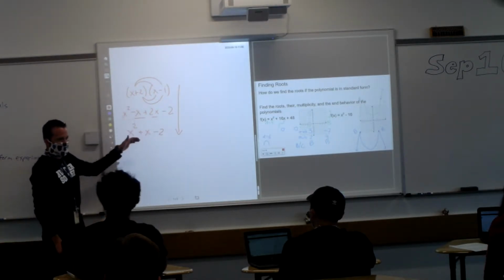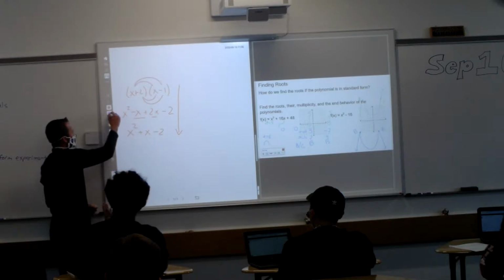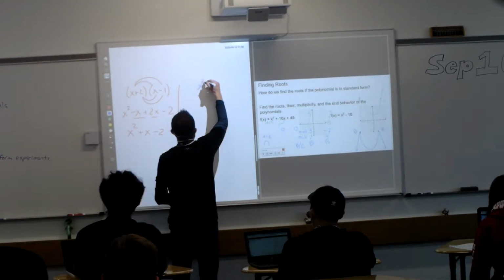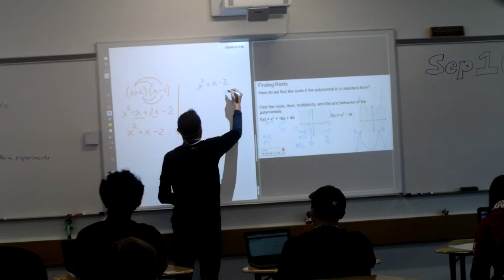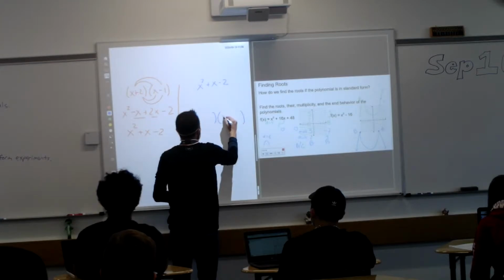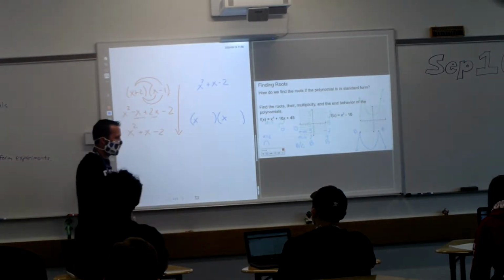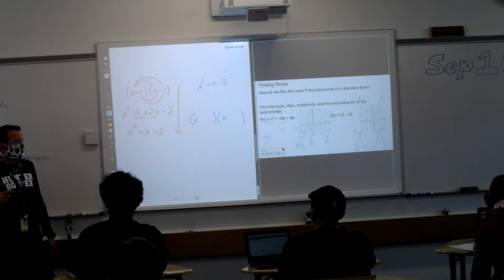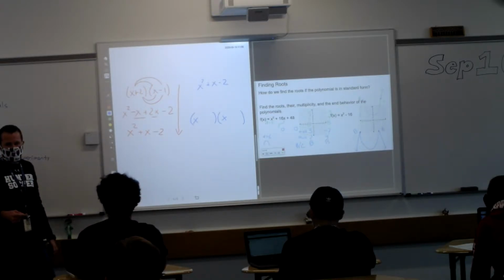I'm multiplying those out. Now what factoring does is you go the other way. You start out with x squared plus x minus 2, and you need to get it into parentheses, like that. You're taking it from standard form and getting it into intercept form. Now, this was something you went over a lot in secondary too, and you probably forgot it, right?